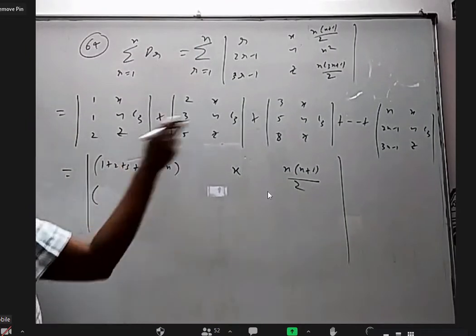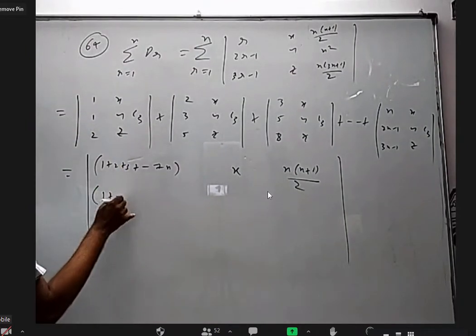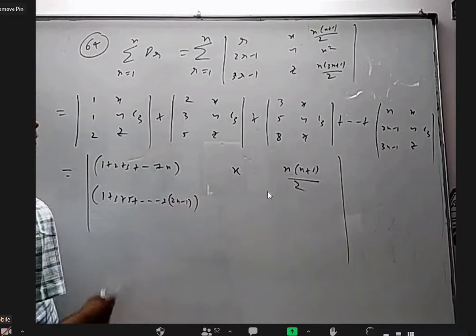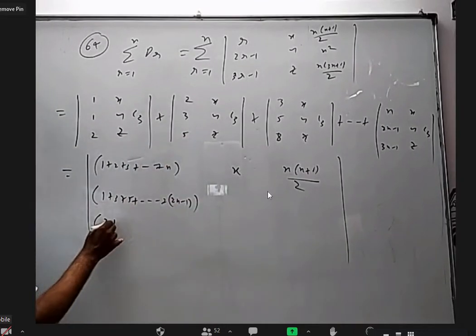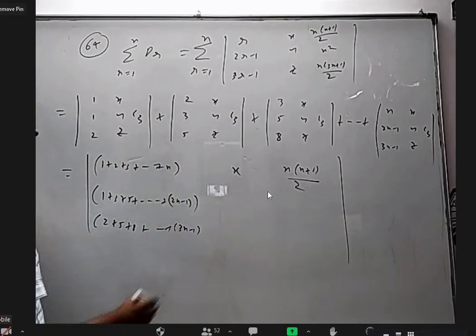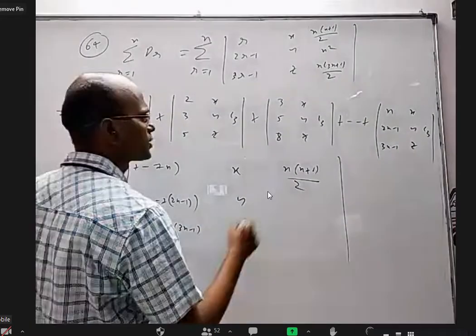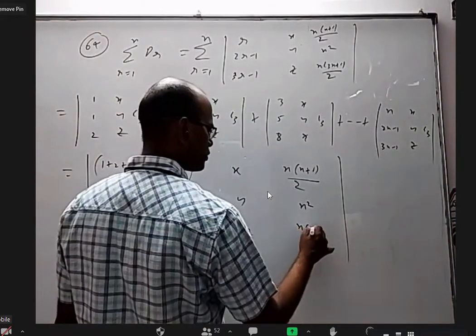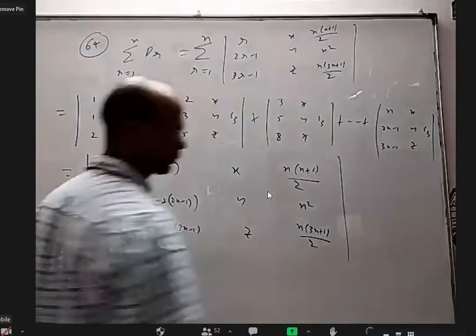And when I add all these elements, I'll get 1 plus 3 plus 5, and so on up to 2n minus 1. Adding 2 plus 5 plus 8 up to the last, 3n minus 1. This is y, this is z, this is n squared, and this is n(3n plus 1)/2.